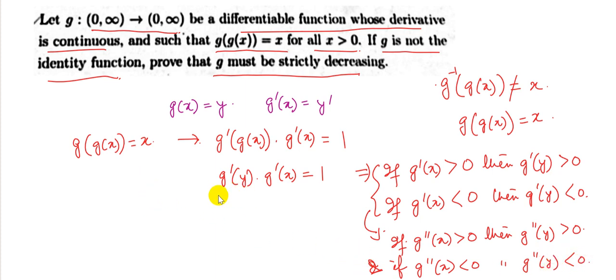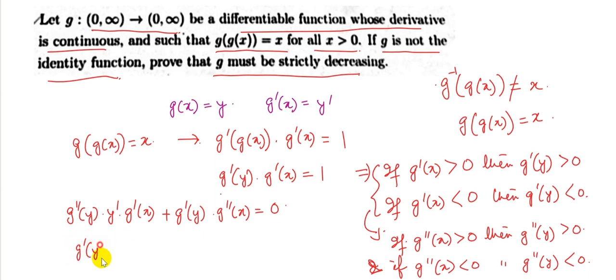So now we differentiate this again with respect to x. So we get g double dashed y into y dashed times g dashed x plus g dashed y times g double dashed x equals 0. Or we can write g dashed y into y dashed is g dashed x, so g dashed x whole square equals minus g dashed y times g double dashed x.